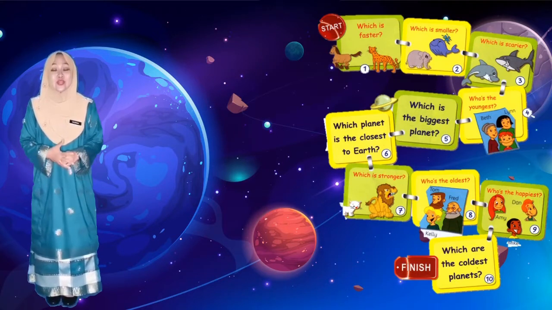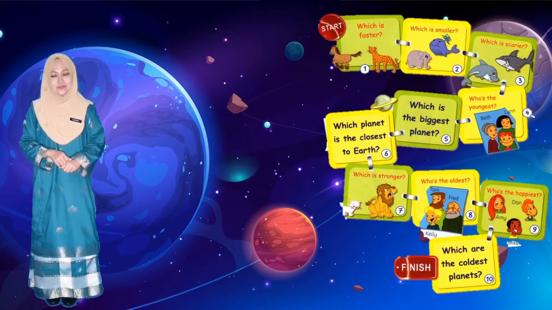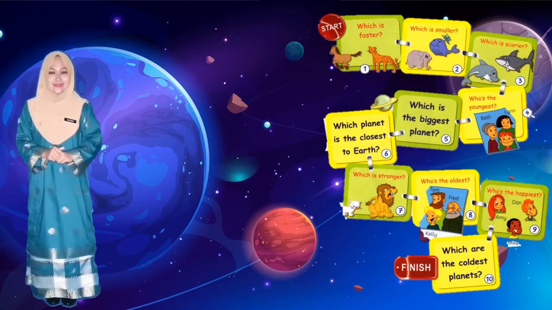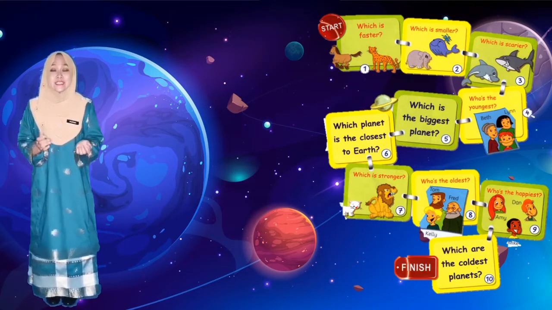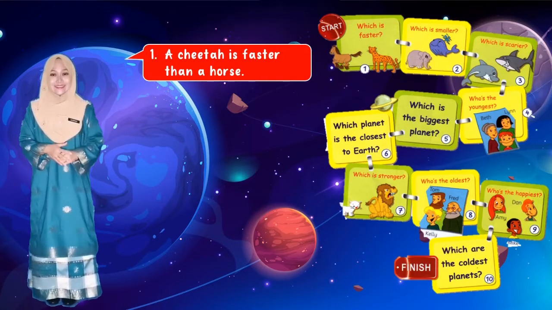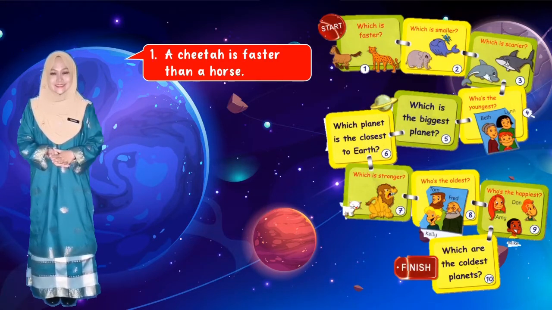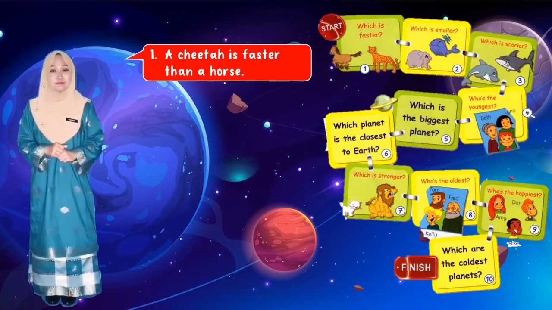Let us try to answer these 10 questions on the board game. Space number 1. Which is faster? Horse or cheetah? The answer is cheetah. Space number 2.